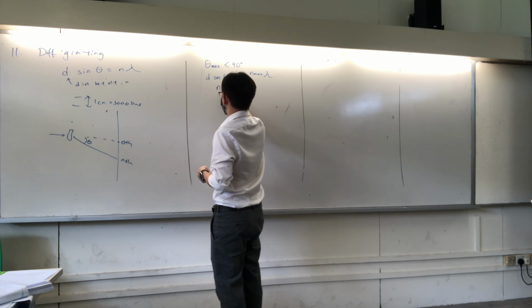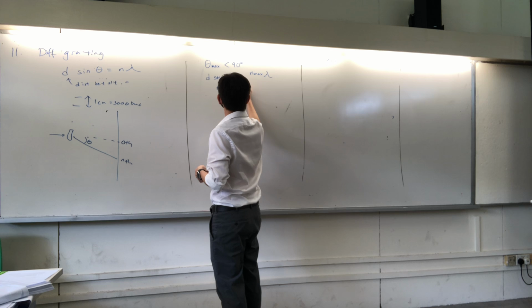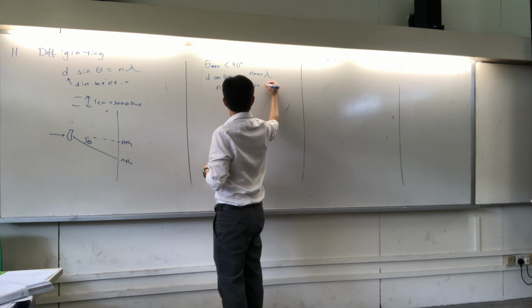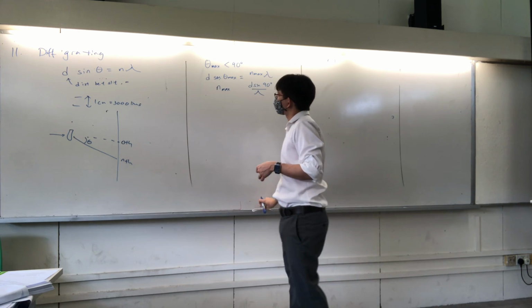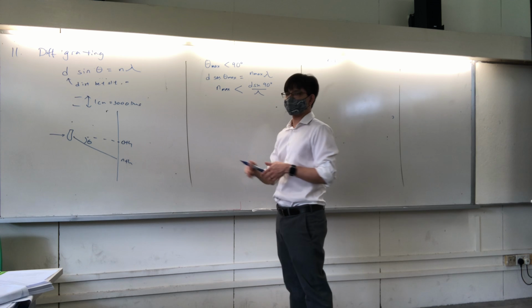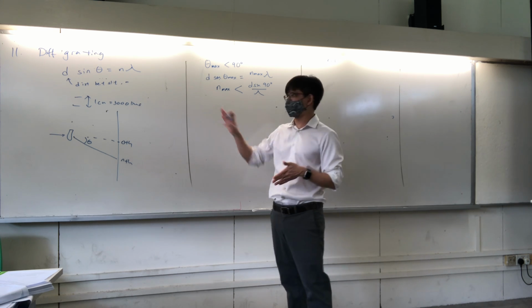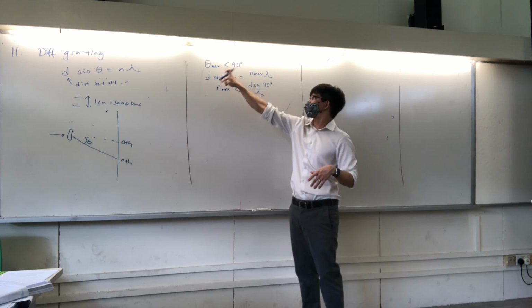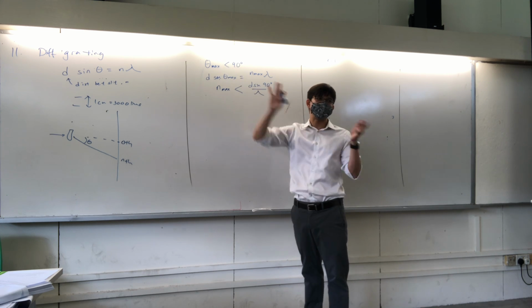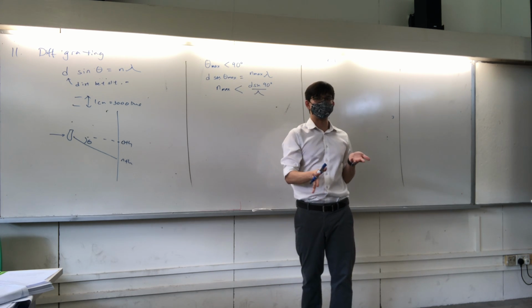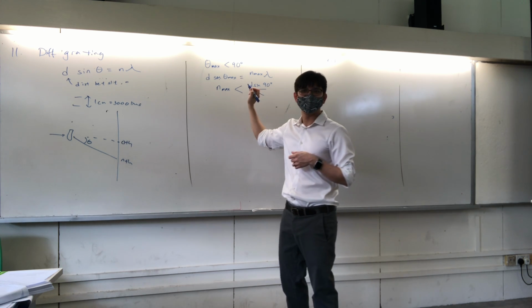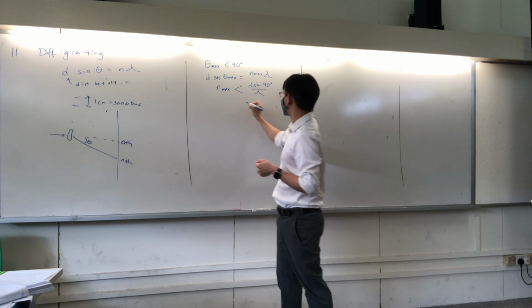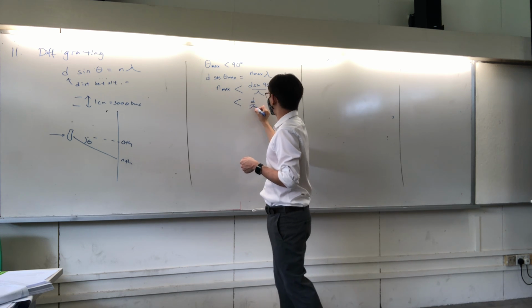So we can find the maximum value of n. If it's strictly less than, we have to use sine 90, and theta max must be less than 90 degrees. I can't get 90 degrees, I mean an infinitely long screen. So, sine 90, what's the value? 1. So basically, n max is just d over lambda.